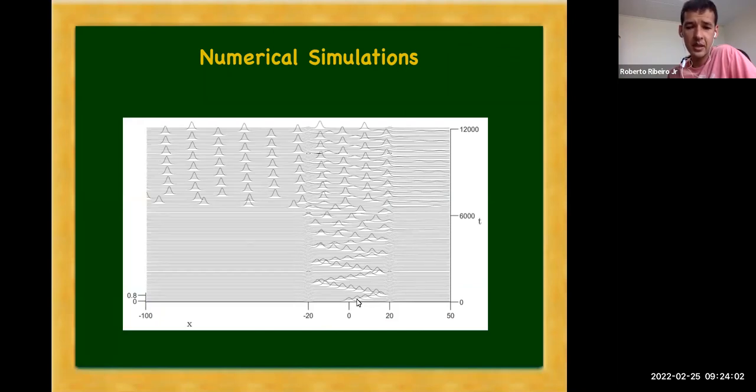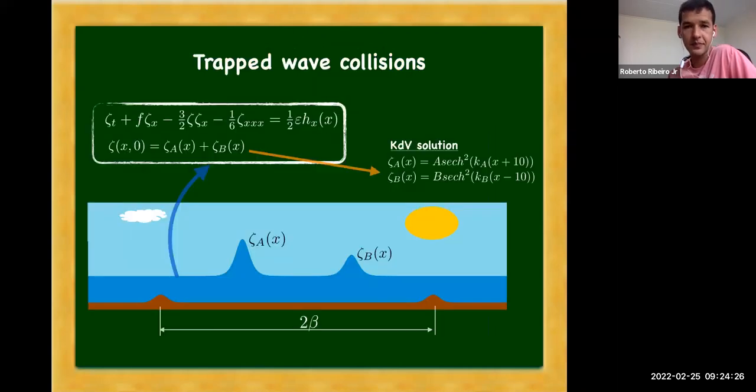Basically, as we have just seen, the wave oscillates. Then at some point in time, some resonant mechanism arises, and the flow starts to generate solitary waves that propagate upstream.